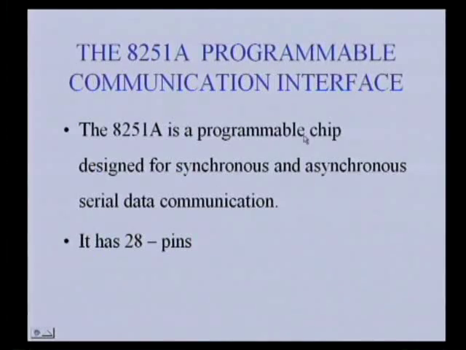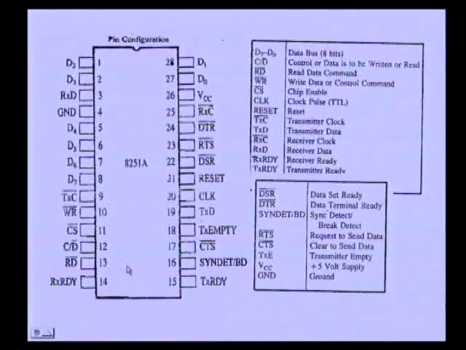For that we use the 8251 programmable communication interface. 8251A is a programmable chip designed for synchronous and asynchronous serial data communication. It has 28 pins. So this is the pin diagram for 8251A. Quickly, D7 to D0 are the data bus, C/D bar is control or data, and read bar and write bar are control signals.